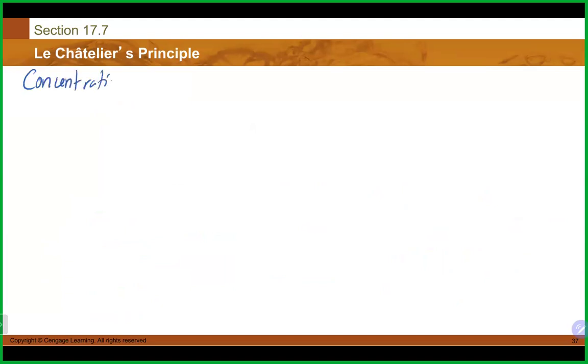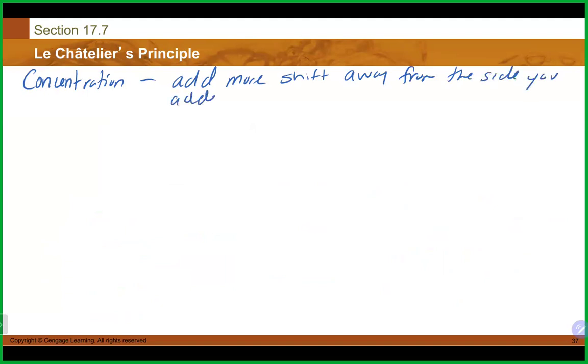As I mentioned before, you could either add more concentration, and when we add more, what happens is it will shift away from the side you added it to. Now you may be wondering, what are we talking about sides?